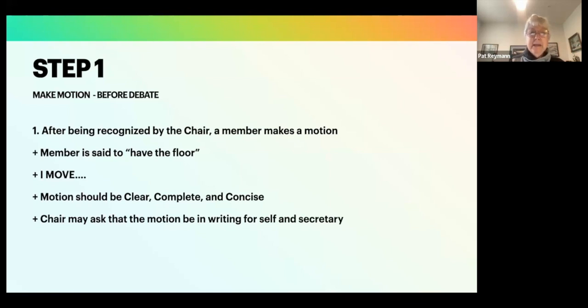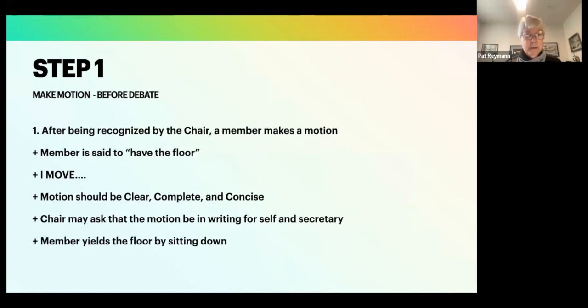And the chair may ask that the motion be in writing for the chair and for the secretary, particularly if it has a lot of detail in it, just to make sure it's completely accurate, it goes into the minutes correctly, and when the chair is processing it, the chair is using the correct words that you, as the maker of the motion, have put up.